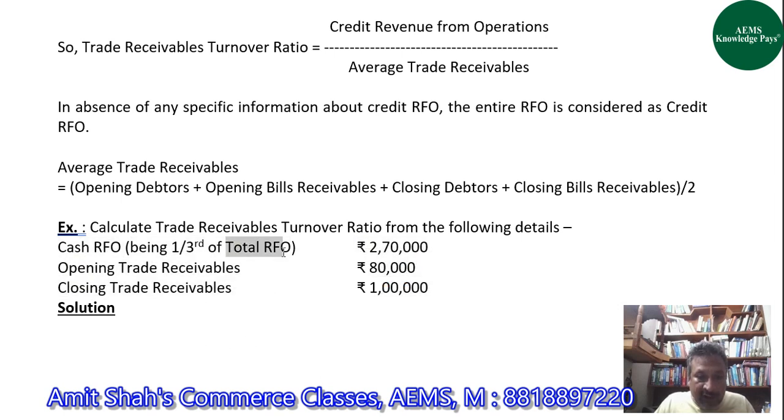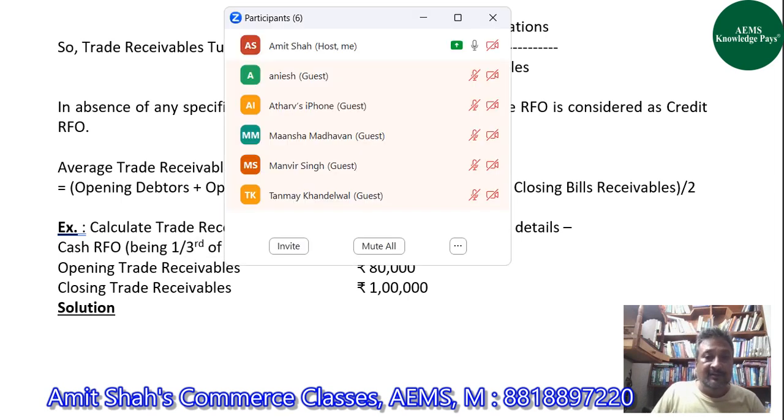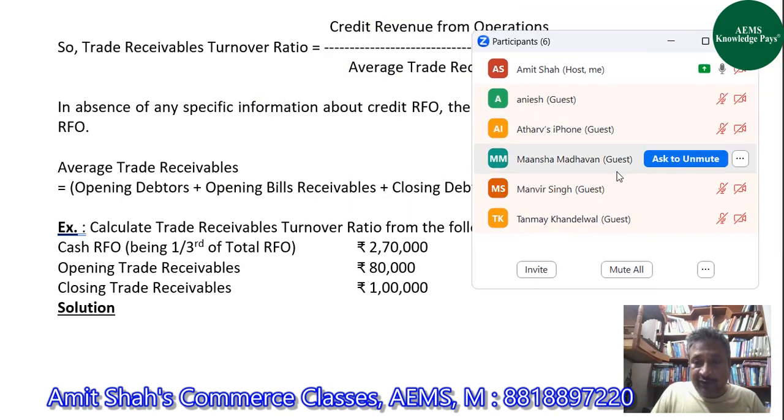Now we know that total RFO has two parts. One is cash RFO and second is credit RFO. If cash RFO is one third, how much credit RFO would be?